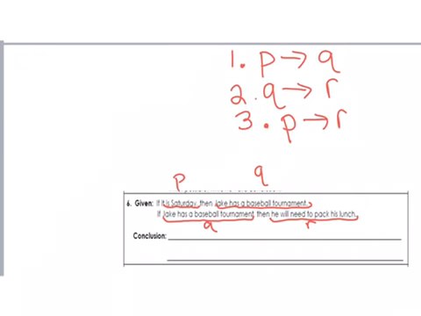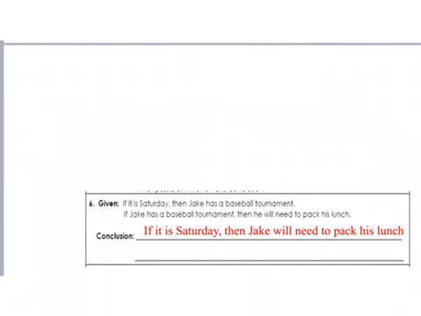So let's see. Check 1. Do I have a P going to Q? Yes. The next statement, do I have a Q going to R? Yes. So then I have a conclusion, which is P to R. So all I need to do is write that down. So when I write it down, I will be writing, check it out.